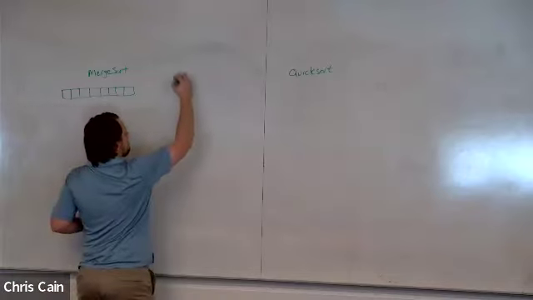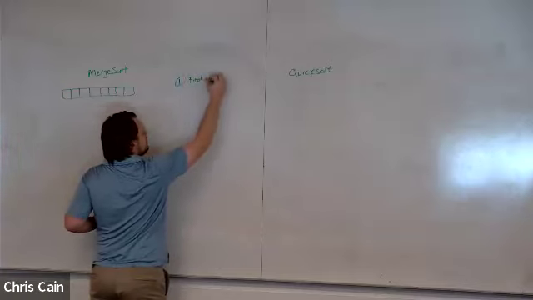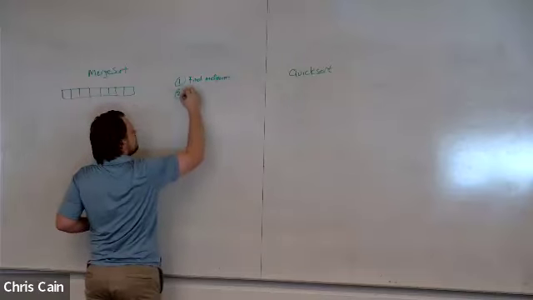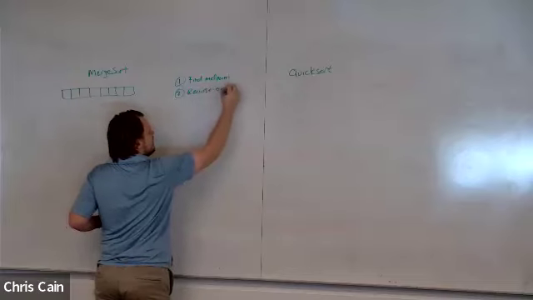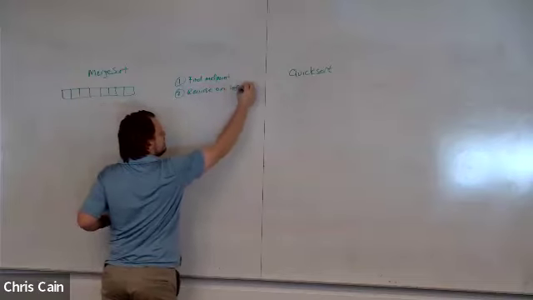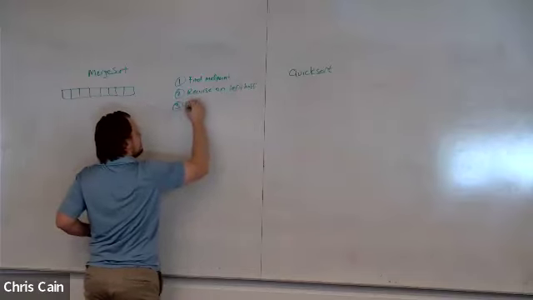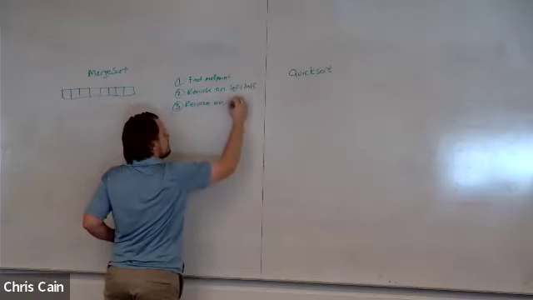So in general, if we talked about the steps that we needed, we would need to find the midpoint. We're going to recurse on the left half. We're going to recurse on the right half.